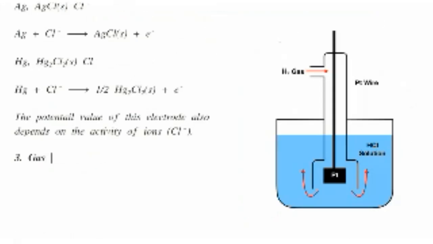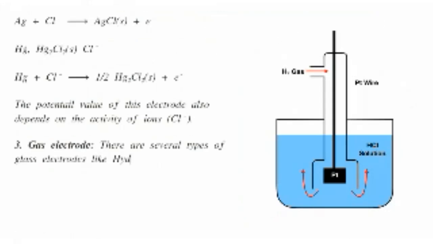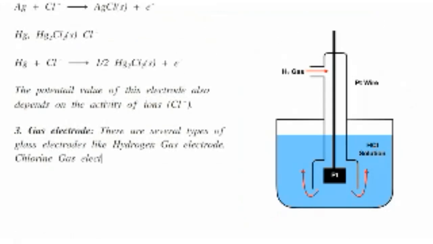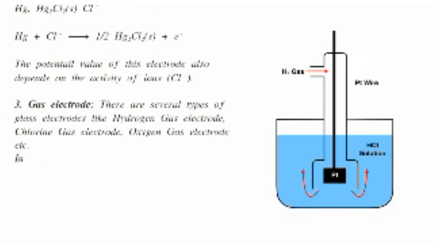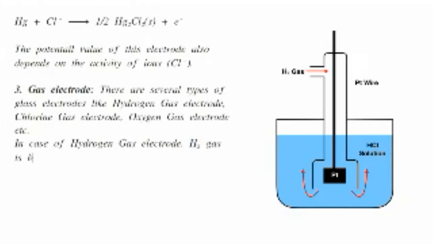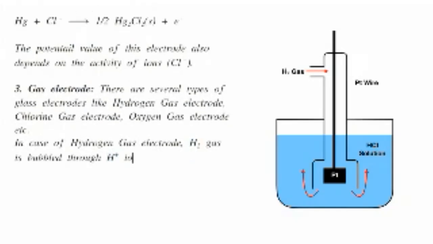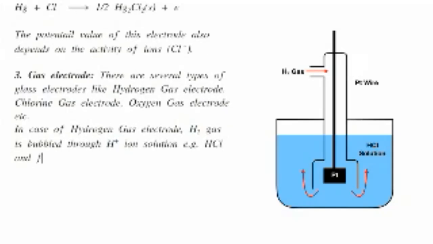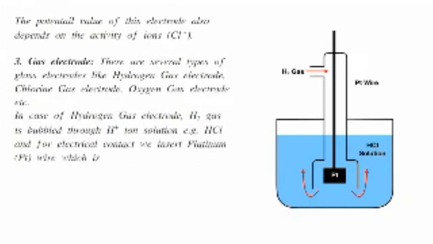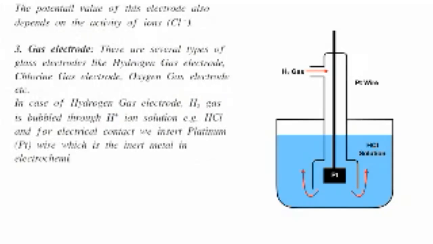Third, the gas electrode. There are several types of gas electrodes, like the hydrogen gas electrode, chlorine gas electrode, and oxygen gas electrode. In the hydrogen gas electrode, hydrogen gas is bubbled through a hydrogen ion solution, for example HCl. For electrical contact, we insert a platinum wire, which is an inert metal in electrochemistry.